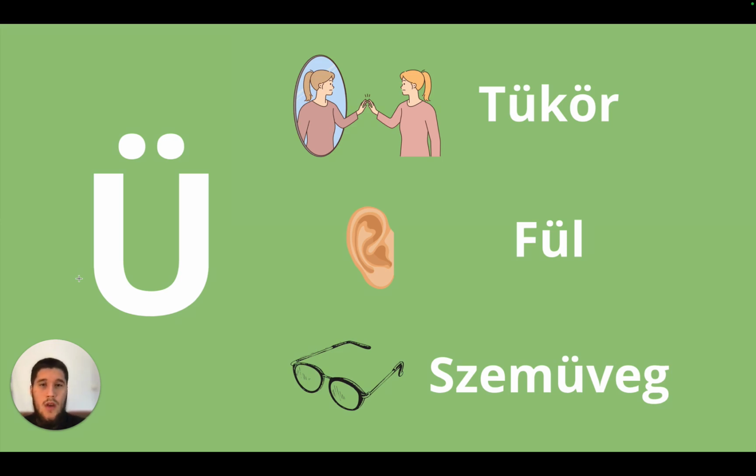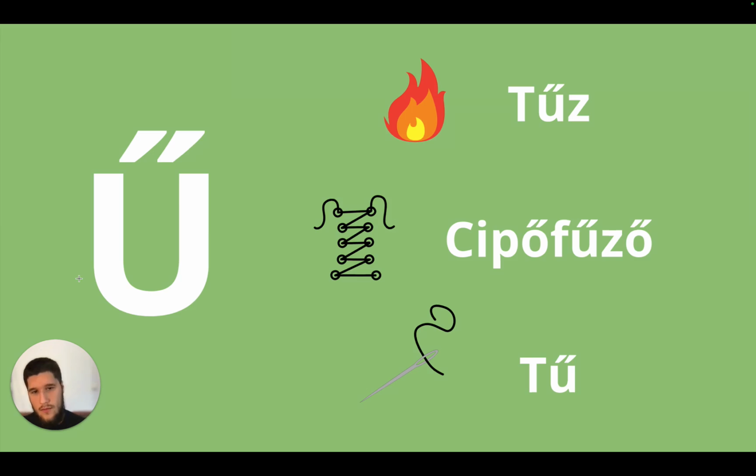Tükör. Fül. Szemüveg. Longest Ü is Ű. Tűz. Cipőfűző. Tű.